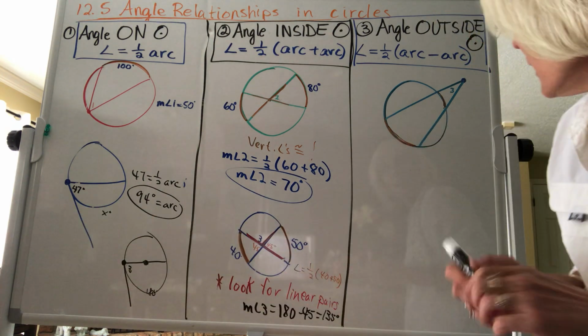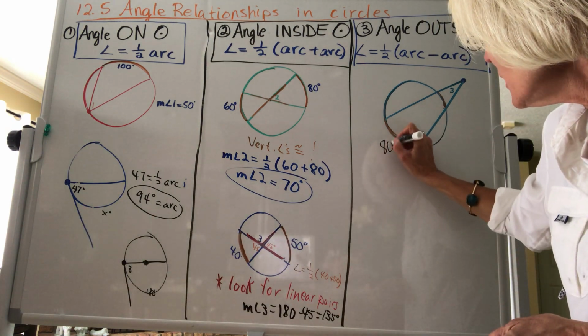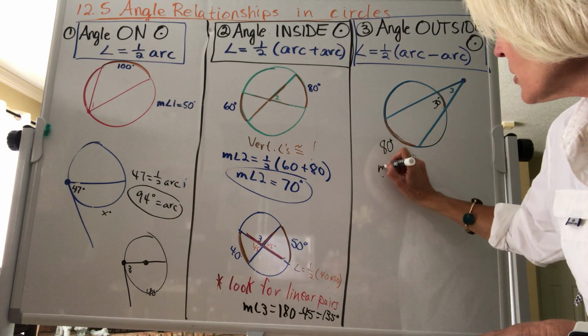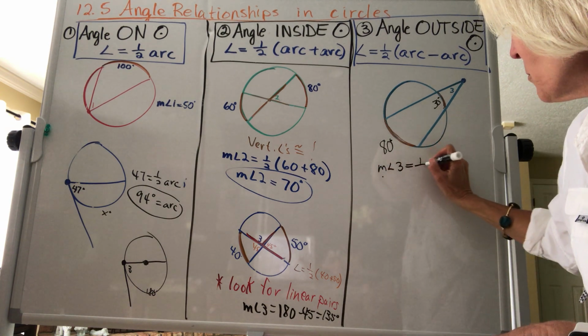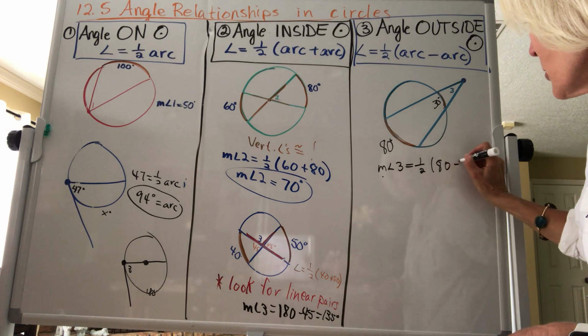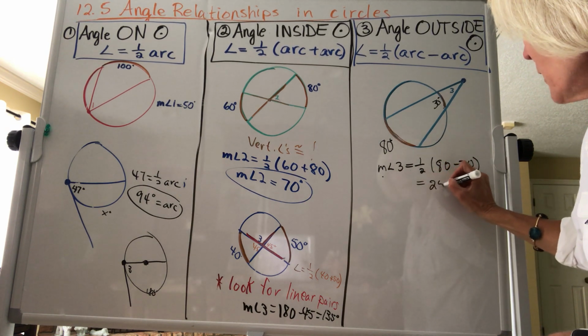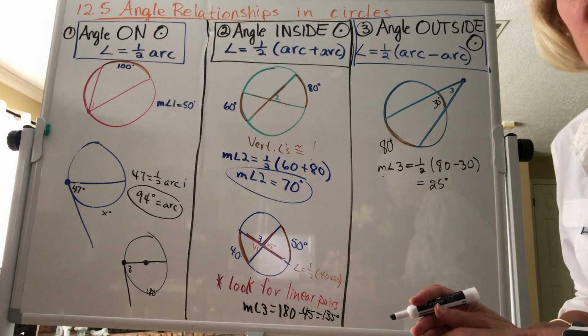Okay, so let's say that this was given to us as 80 degrees and this was given to us as 30 degrees. Then the measure of angle 3 would just be 1/2, 80 minus 30. 80 minus 30 is 50, half of 50 is 25 degrees, and that's my measure of my angle.